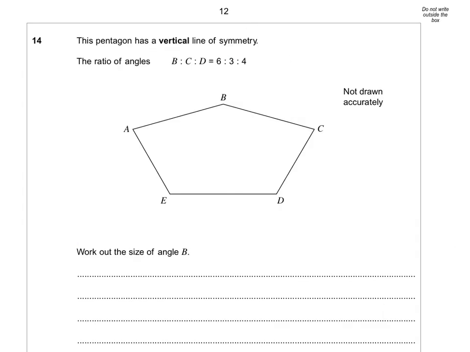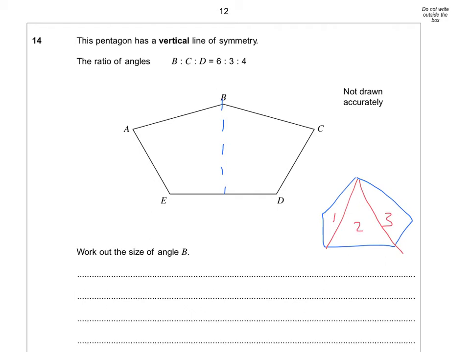Question 14. This pentagon has a vertical line of symmetry. The ratio of angles B to C to D is 6 to 3 to 4. Work out the size of angle B. Now, any pentagon can be divided into 3 triangles.